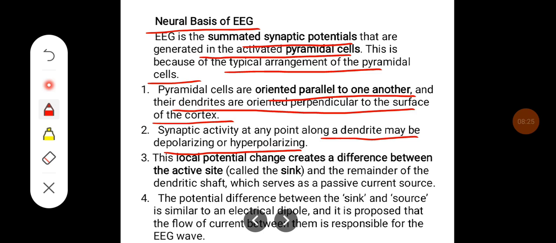The local potential change creates a difference between the active site, which is called a sink, and the remainder of the dendritic shaft, which serves as a passive current source. The potential difference between the sink and the source is similar to that of an electrical dipole, and it is proposed that the flow of current between them is responsible for the EEG wave.